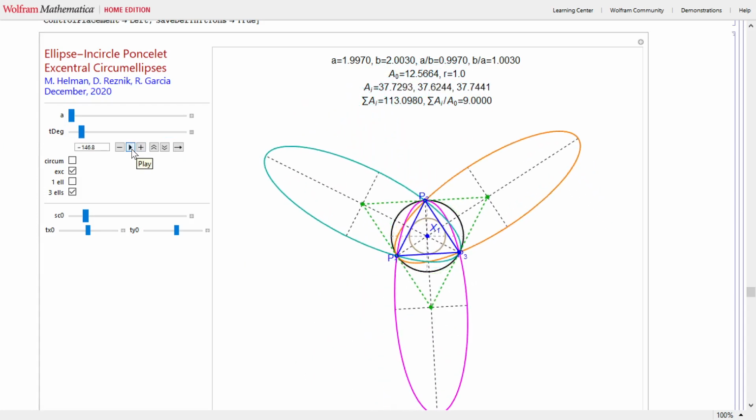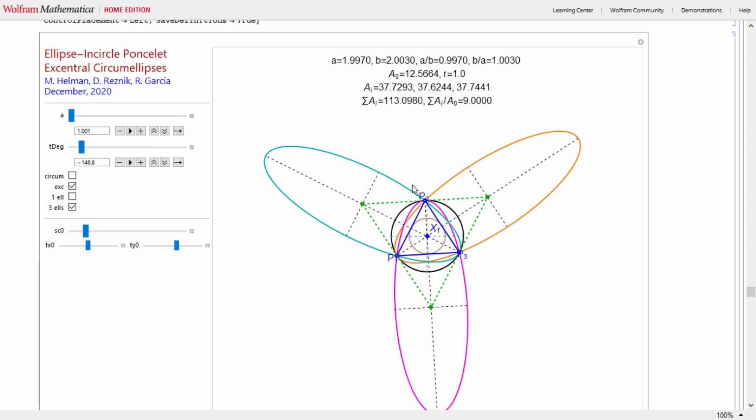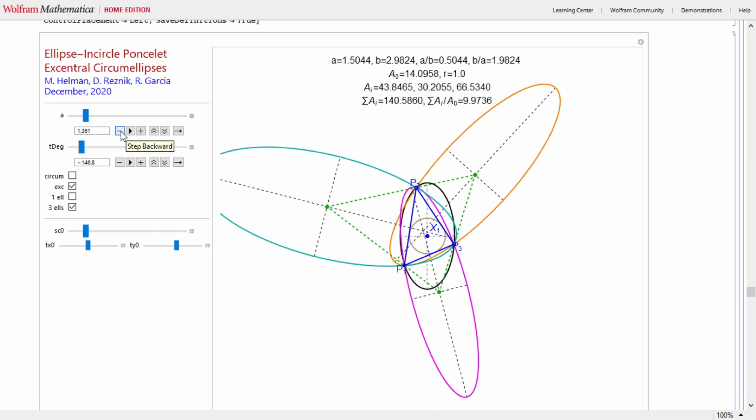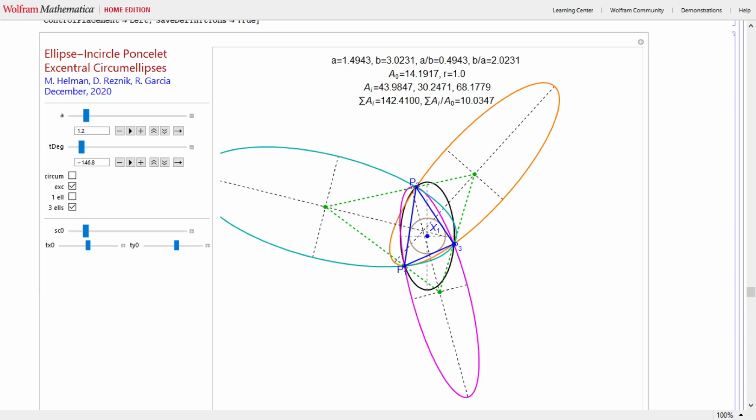Another nice example is when we make the aspect ratio of the outer ellipse be 2. Let's find that aspect ratio. So there it is.